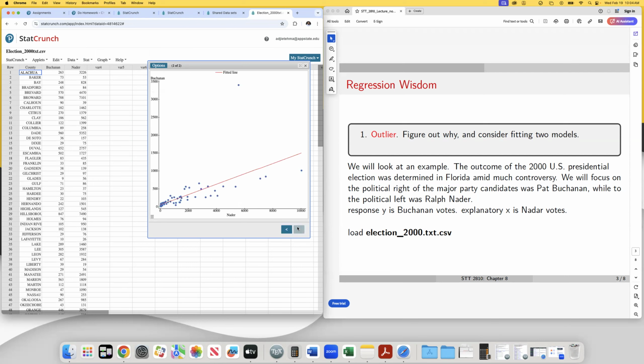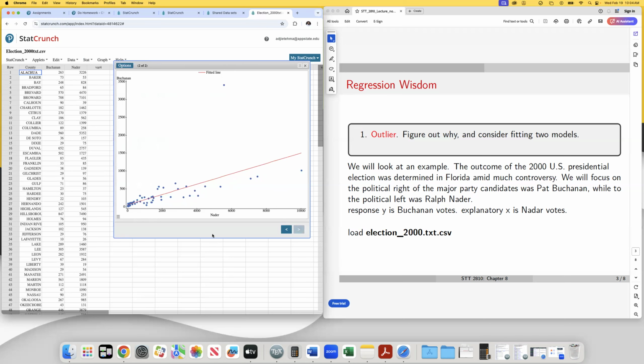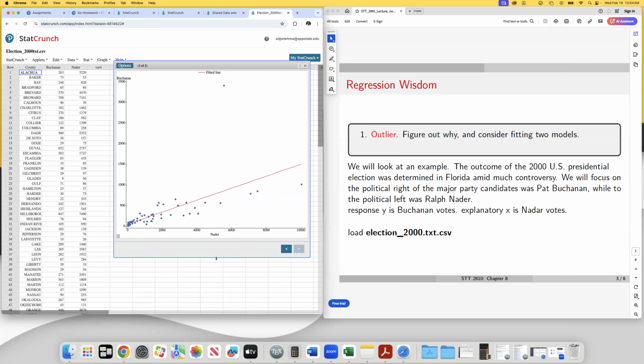So let's look at the scatter plot. This is the scatter plot. You see, these are the X variables, but look at the Y here. Even though it's within the X range, in the Y plane it is very far from the rest of them. So this here is an outlier.